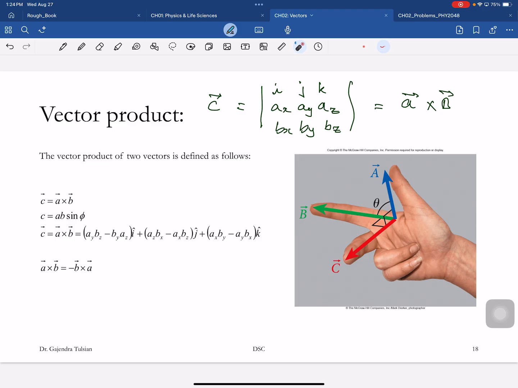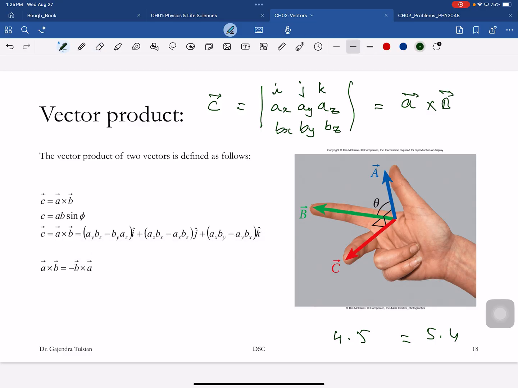So C is that. And this vector product is anti-commutative. A cross B is not equal to B cross A. It's minus B cross A. So this product is different from the dot product. The cross product is like that.